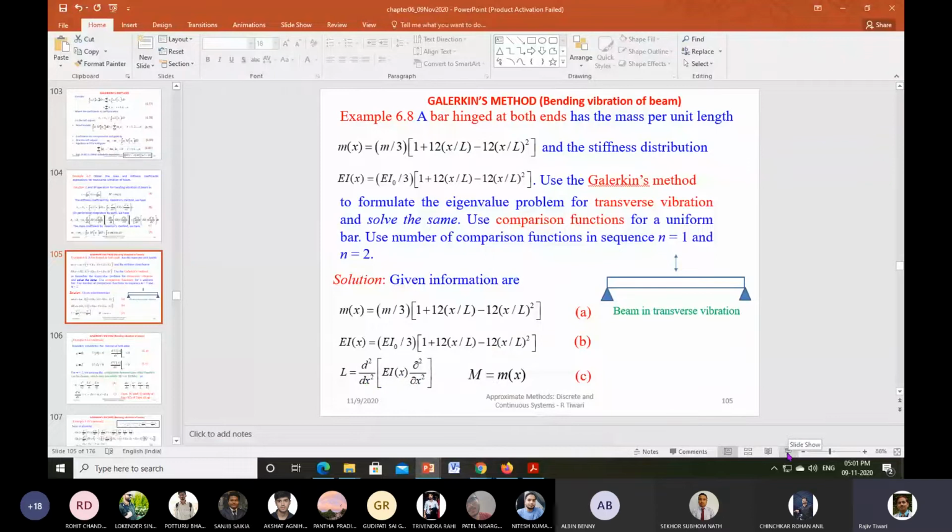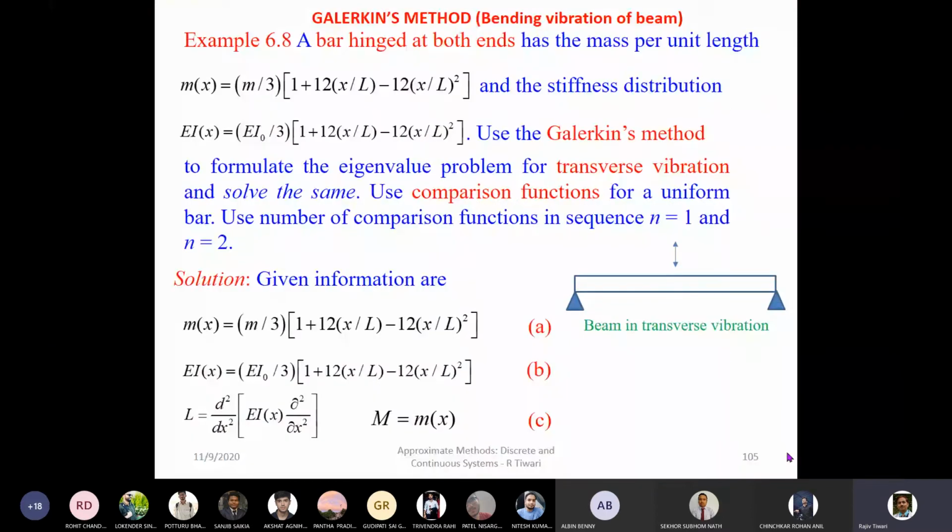So I already described the method in the last class. What we did, we took basically the eigenvalue problem, and then we assumed the solution in the form of a comparison function series. We substituted in the equation of motion, and because the solution is approximate, there will be some residue left out.